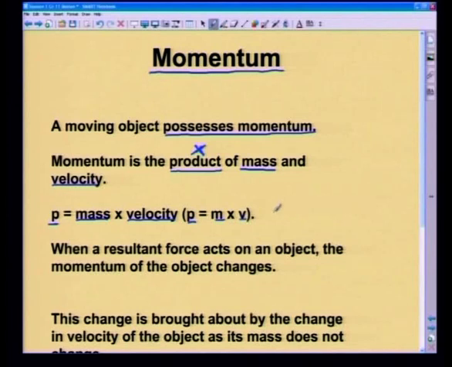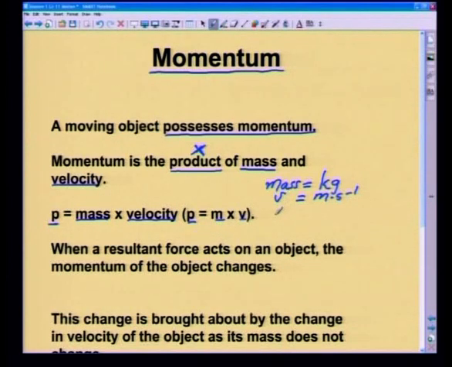Now from here we can tell the unit of momentum, because we know that mass m is measured in kilograms. This is the standard unit of measurement for mass. And velocity, we were just working with velocity, the units are meters per second. Now, what will be the units for momentum?